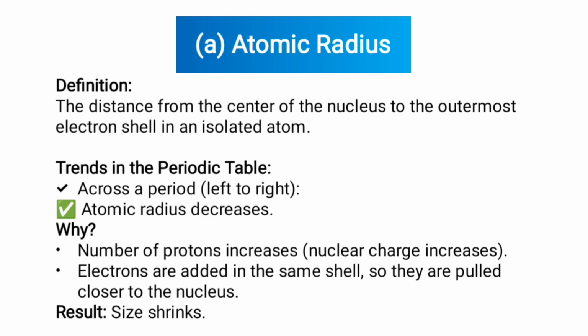Why? Because the number of protons increases, so nuclear charge increases, and electrons are added in the same shell, so they are pulled closer to the nucleus. As a result, size shrinks. So that's why atomic radius decreases across a period from left to right.